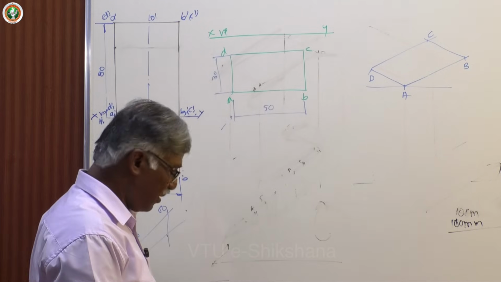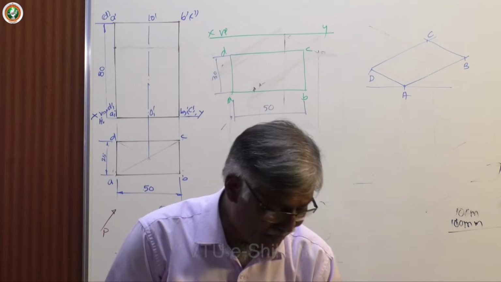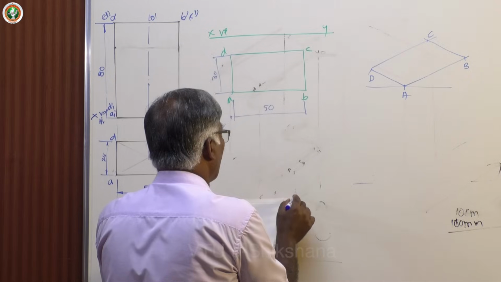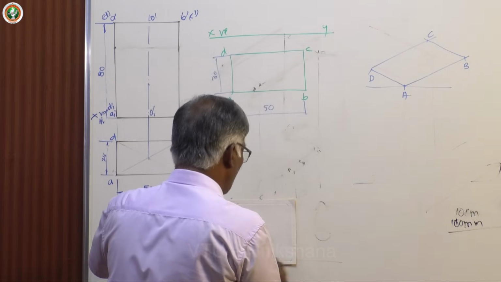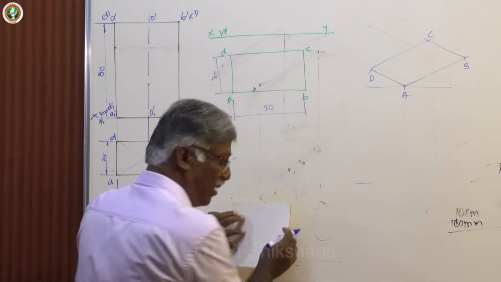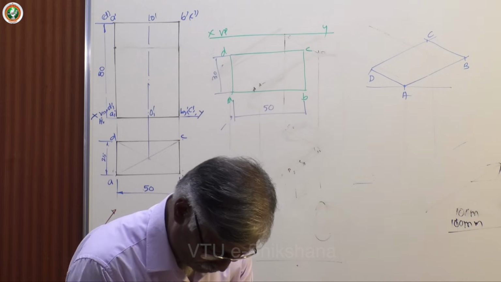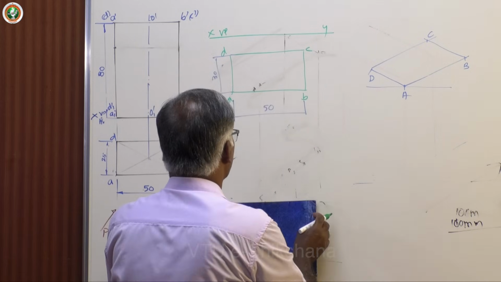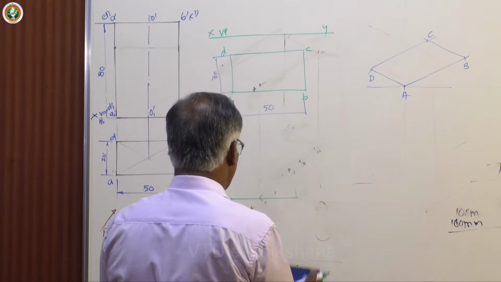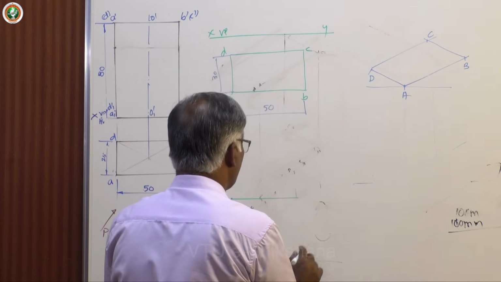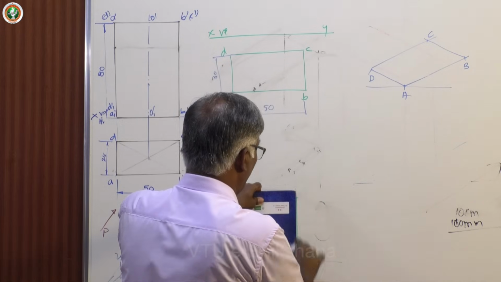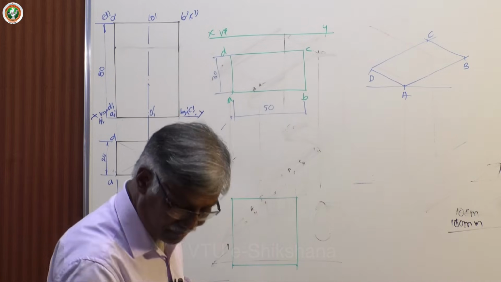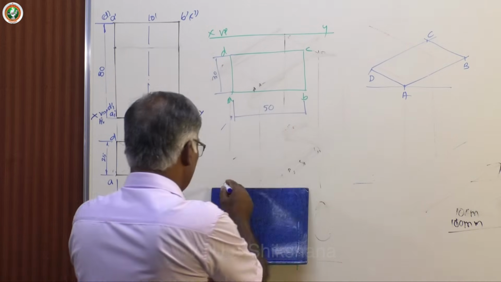So that means isometric projection of a rectangle is a parallelogram. Number one. Number two, isometric projection of a square. Assume that this particular square is having two sides parallel, two sides perpendicular to HP. So assume that again this is top view of the arrangement.